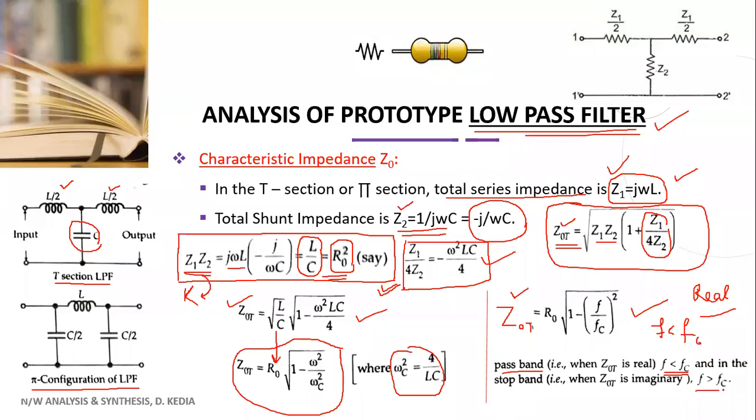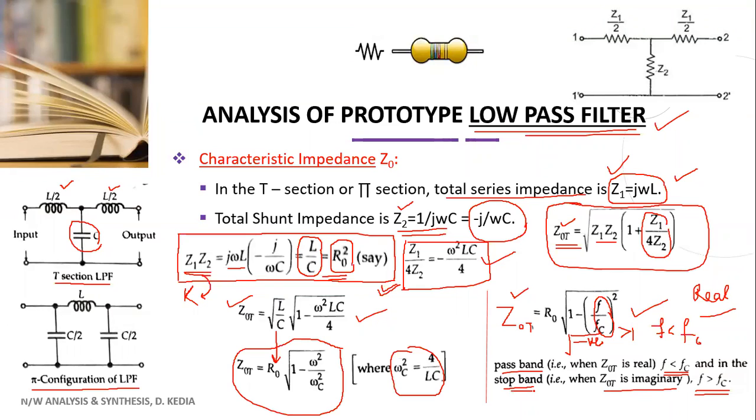Now for high frequency, that is F greater than FC, this will be greater than 1. If it is greater than 1, then the entire thing under the root will be negative. And we know that if we have negative value under the root, then it gives us imaginary. Imaginary means Z naught is imaginary and it gives us stop band.